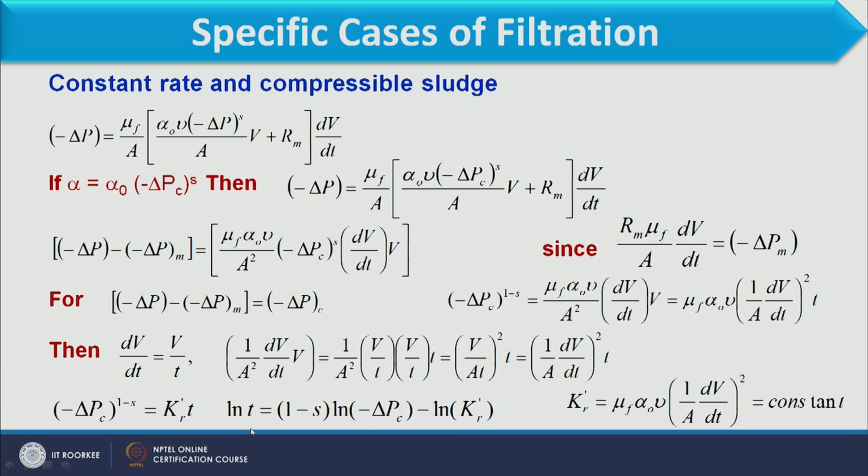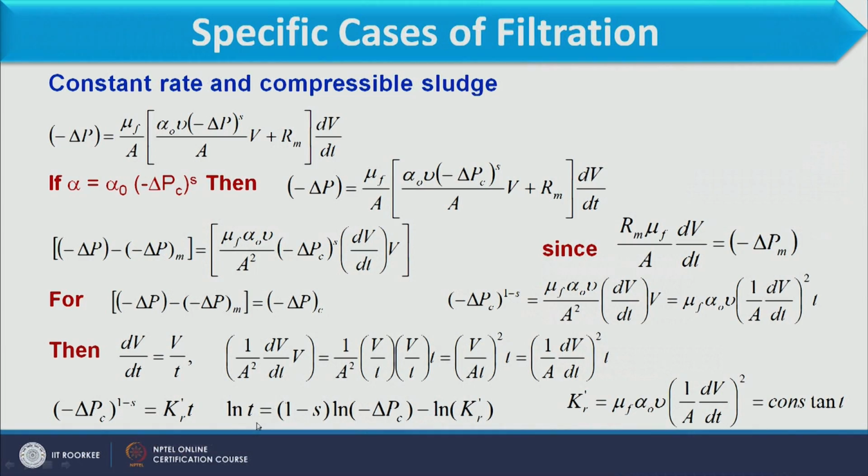the cake versus time. Now how can I obtain the practical value of the pressure drop across the cake? When we draw the graph between total pressure drop versus time, and extend this curve up to t equal to 0, whatever the pressure drop is at t equal to 0 would be the pressure drop due to media, not the pressure drop due to cake, because at t equal to 0 cake will not be formed.